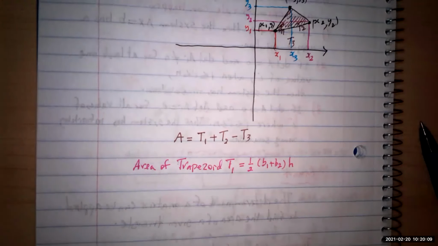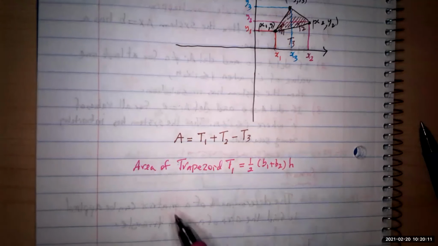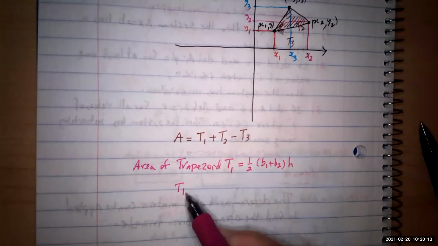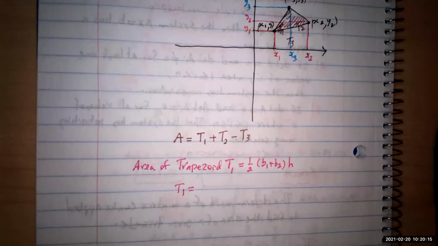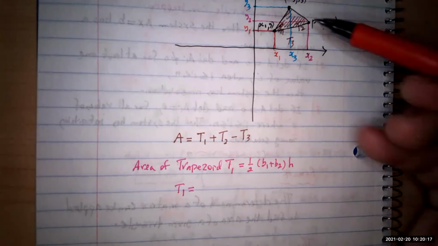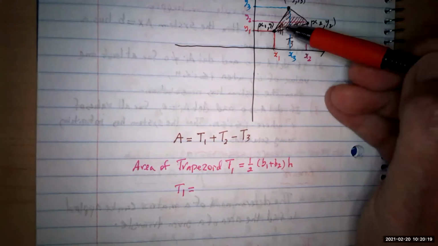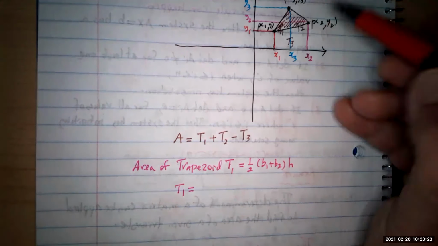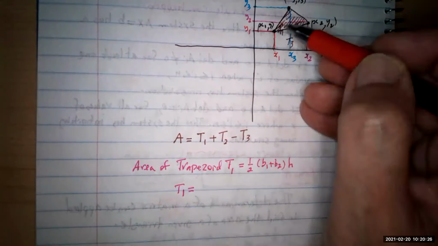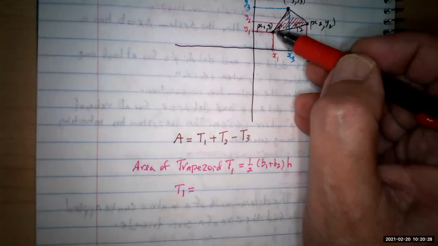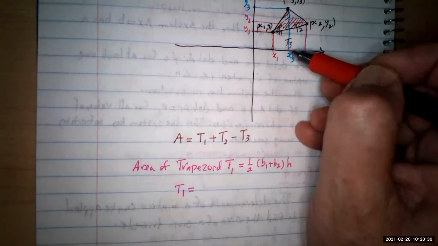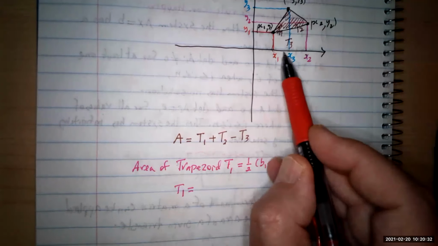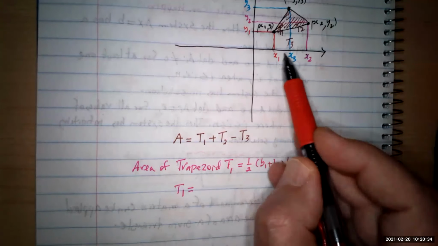This is what would happen. So for the T1, the bases are going to be the y coordinates y1 and y3, and the height is going to be x3 minus x1.